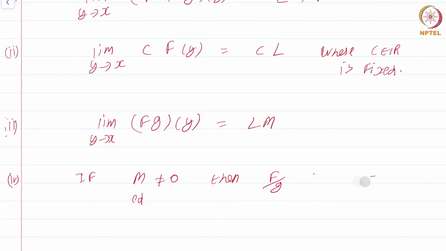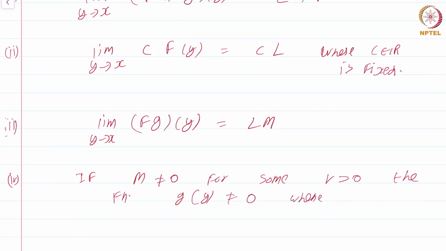Then for some r greater than 0, the function g of y is not 0 whenever y belongs to B(x, r) intersect A, which I defined to be this set B.